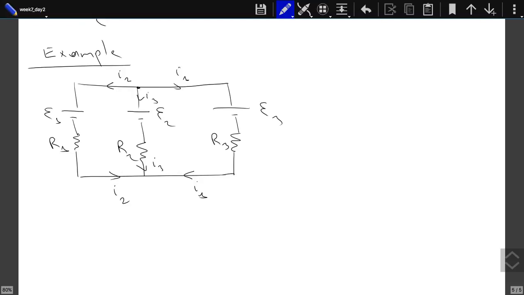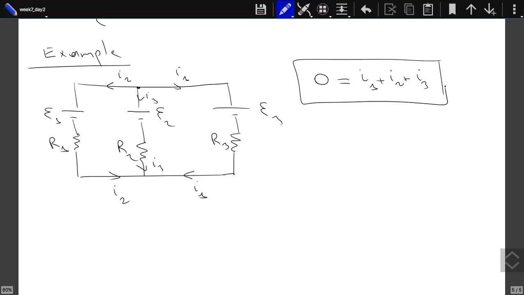There is no current entering that point with these directions. What is the sum of the currents leaving that point? I1 plus I2 plus I3. So the sum of these three currents has to be 0.